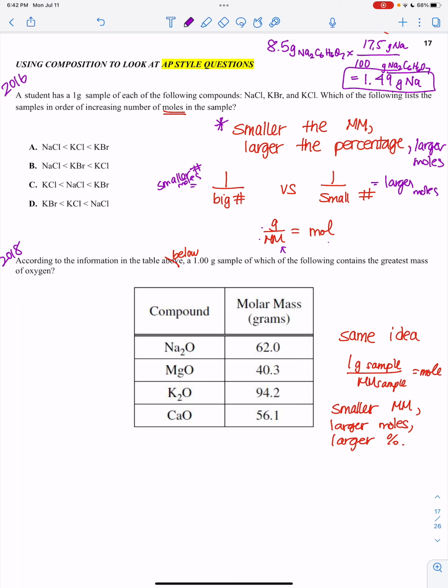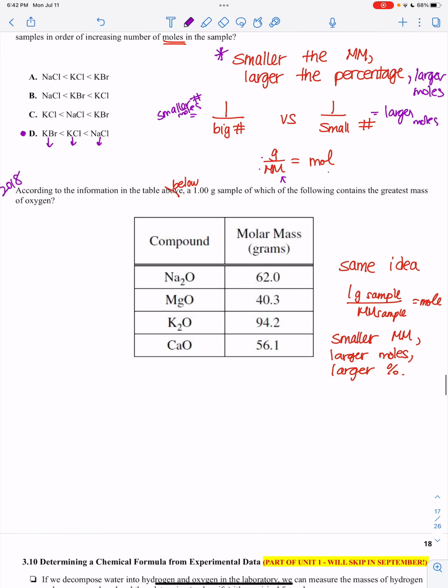So I have to look at these compounds and think about which of these has the largest molar mass. Whichever one has the largest molar mass will have the smallest moles. Whichever of these has the smallest molar mass will have the largest moles. I want you to convince yourself that the correct answer is D. So you can do the calculations, get the molar mass of all of these, divide each of them by 1, you'll see which one has the largest moles.